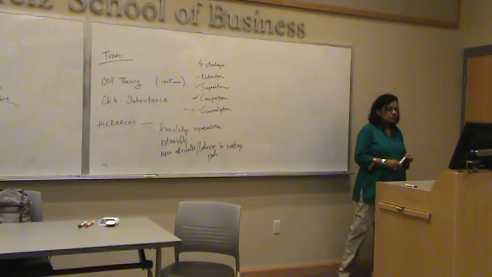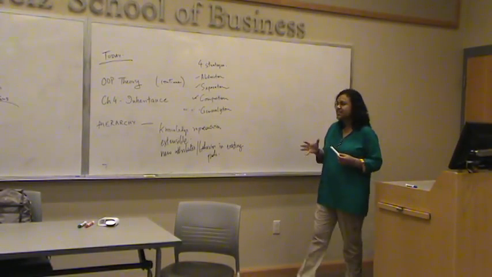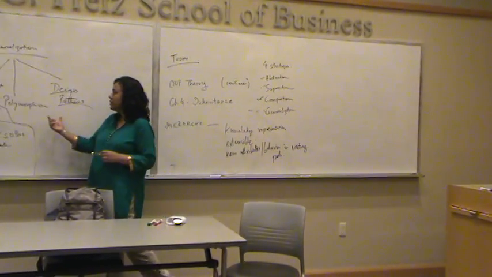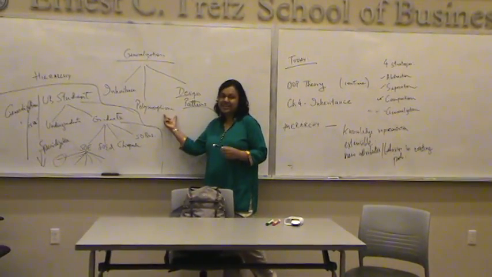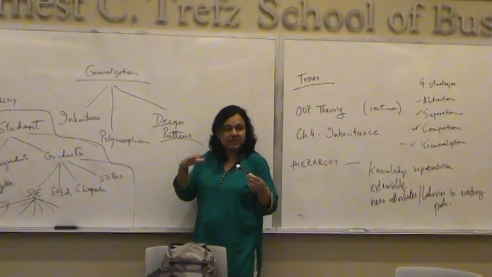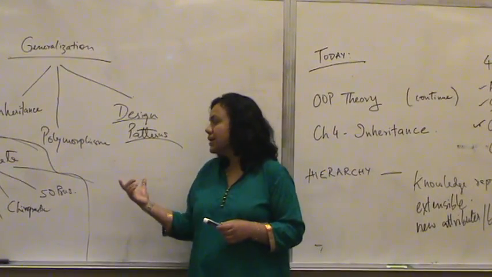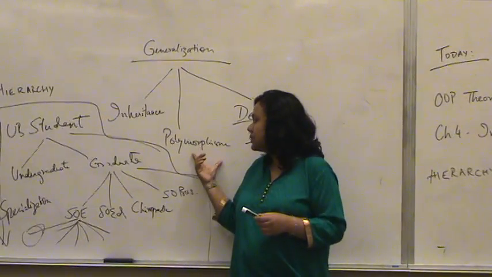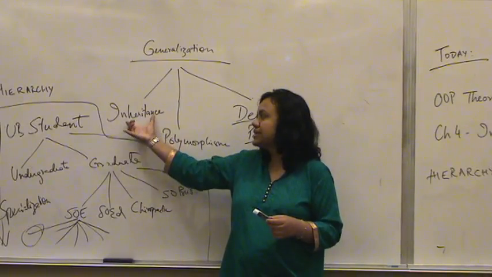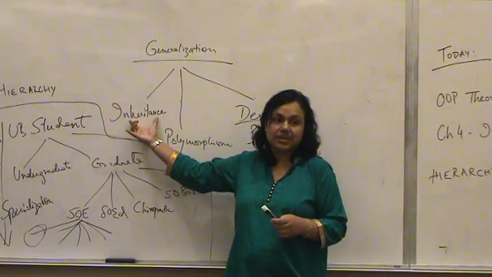Then moving on to polymorphism, at this point in time, I like to just give you a very brief idea of what polymorphism is, but I would like to defer it to when we come to polymorphism. So theoretically, I'll tell you what it is, but basically for polymorphism, a requirement is the existence of inheritance.